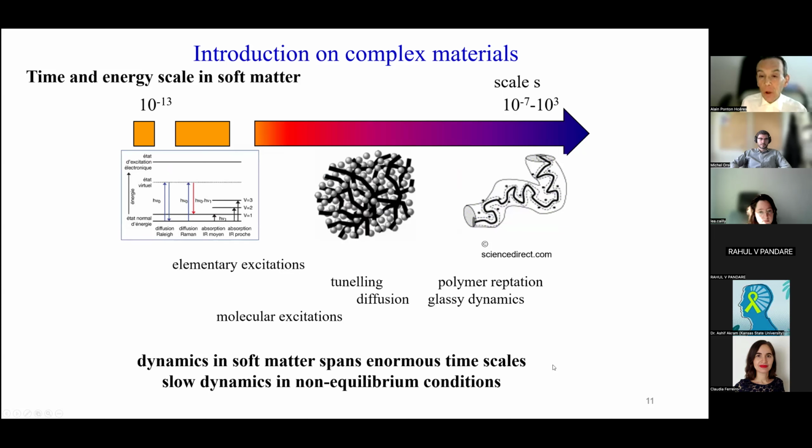These materials are also characterized by a very large time and energy scale. This induces a slow dynamics in non-equilibrium conditions. And this is very important to investigate and also to analyze the properties of these materials.